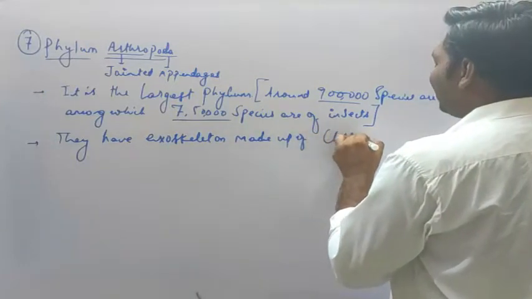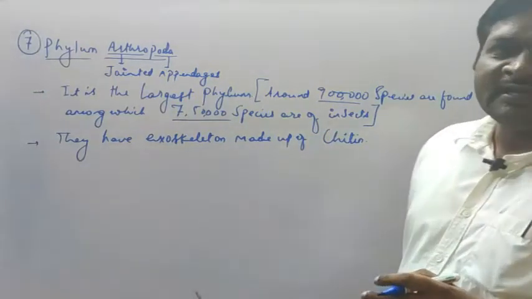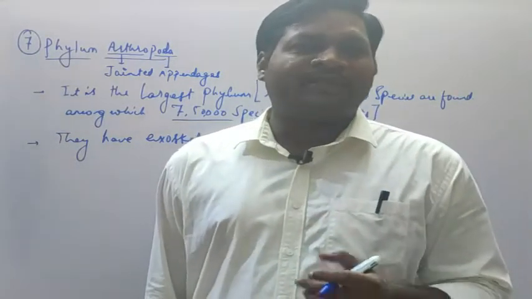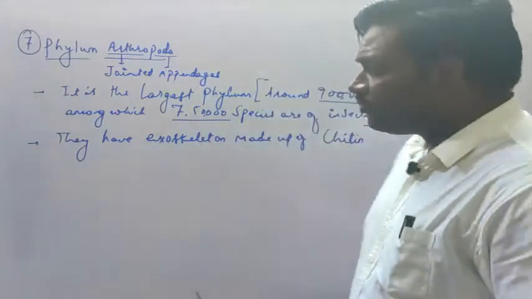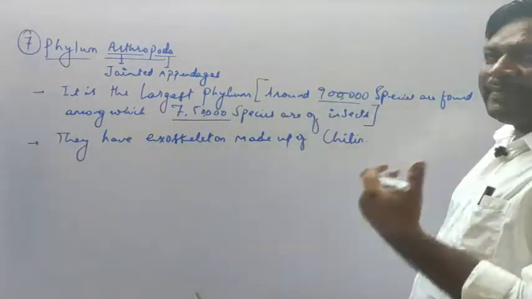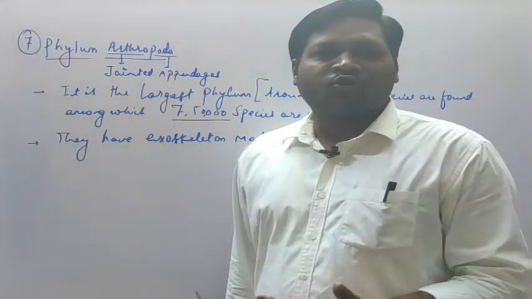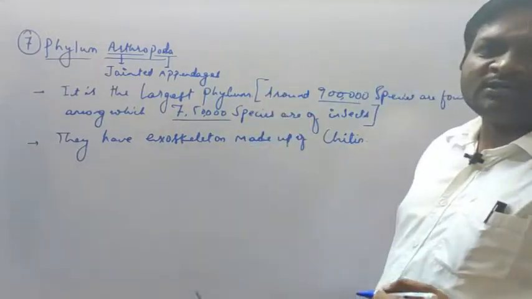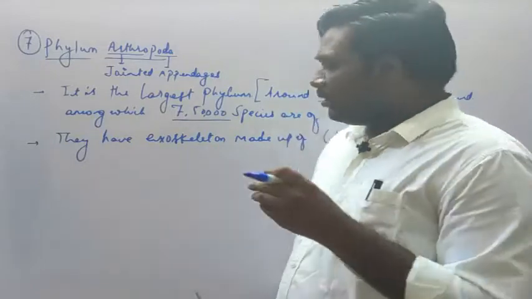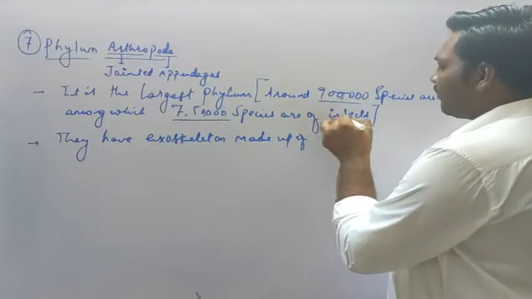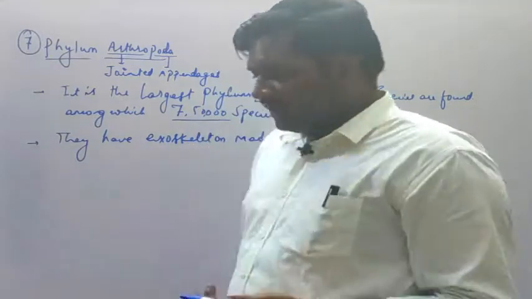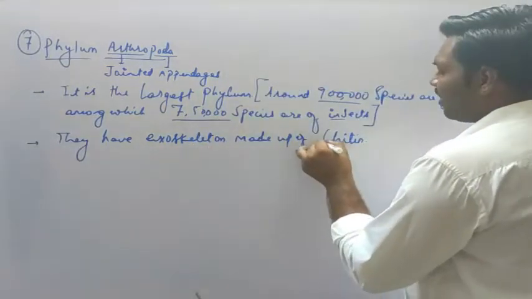Now what is chitin basically? Chitin is the most abundant type of polysaccharide found on the earth, as it makes the exoskeleton of the arthropods or the insects. As we know, there are 7,50,000 species of insects, so their body is also composed of an exoskeleton, and that exoskeleton is made up of chitin.